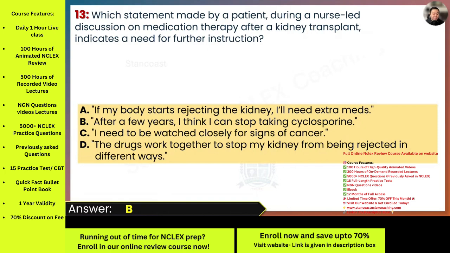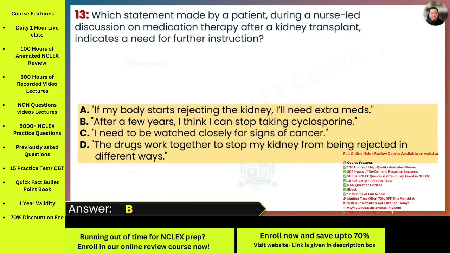Now, what about letter D? The drugs work together to stop my kidney from being rejected in different ways. This statement is also accurate, right? This shows how immunosuppressive medications like cyclosporine work in tandem with other medications such as steroids and mycophenolate, which is another immunosuppressive medication, in order to prevent organ rejection.